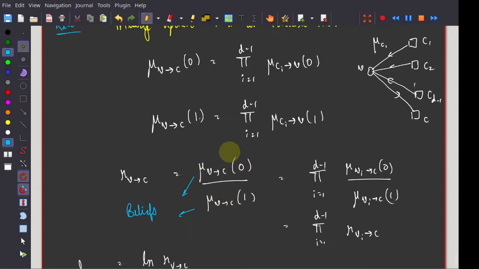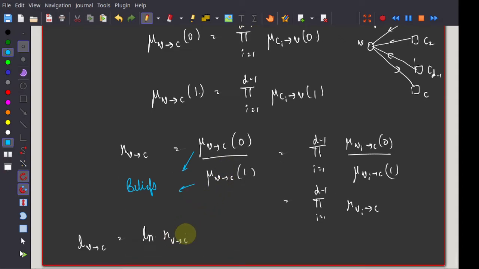That is why we can interpret this as something like a log likelihood ratio. So l v to c is something like the log likelihood ratio of what xv should be.